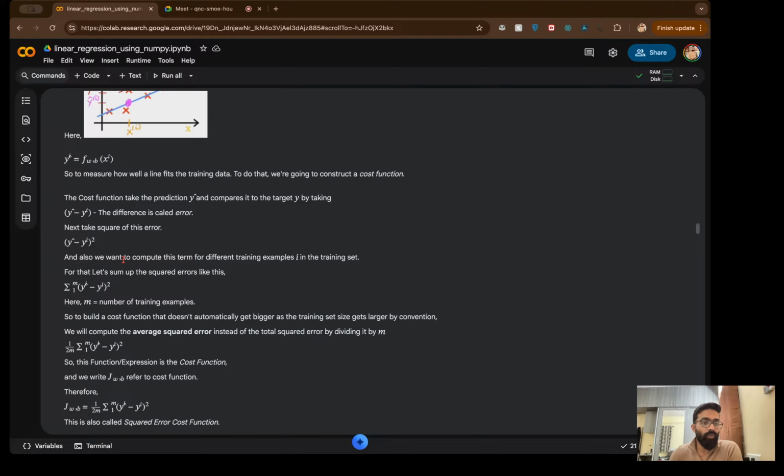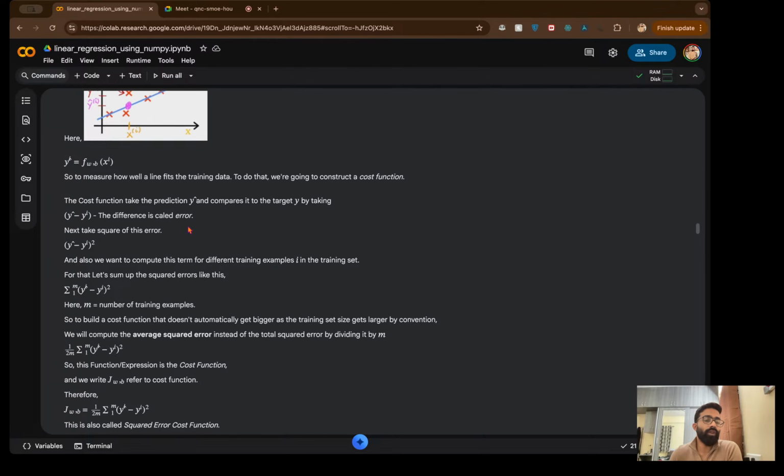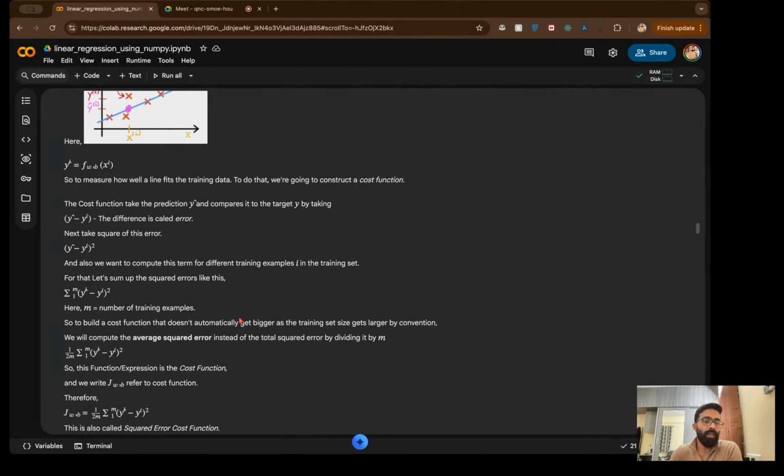Now this is just for one example, but we want to compute this term for all the training examples.